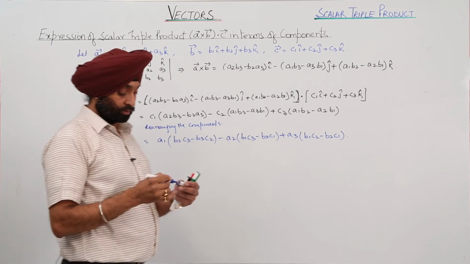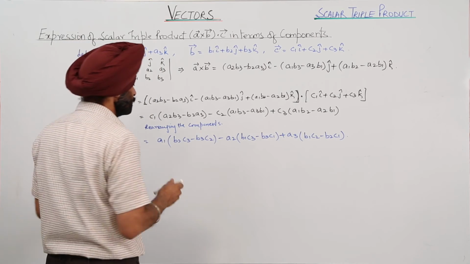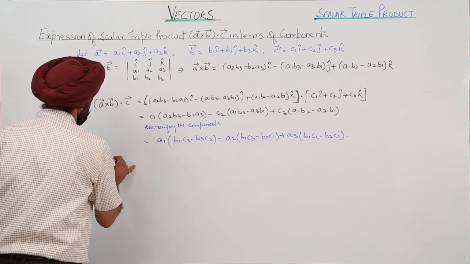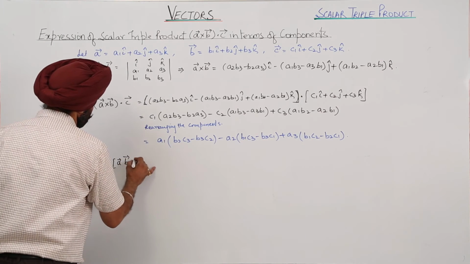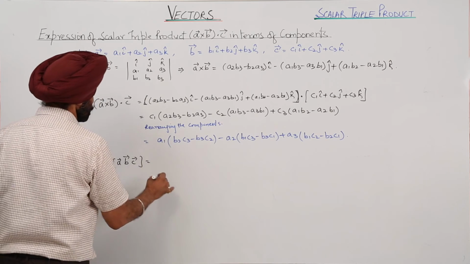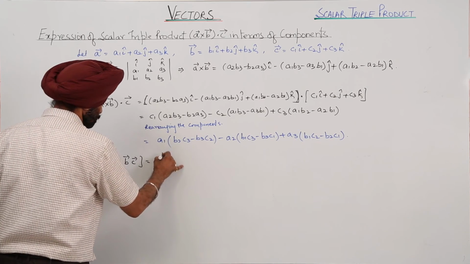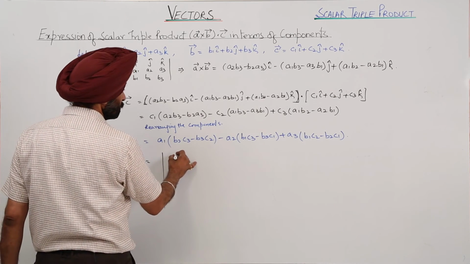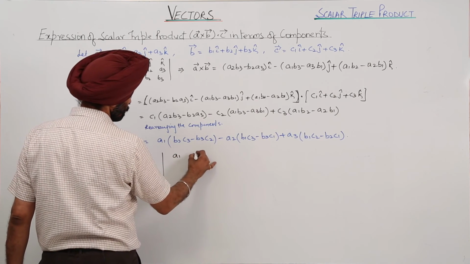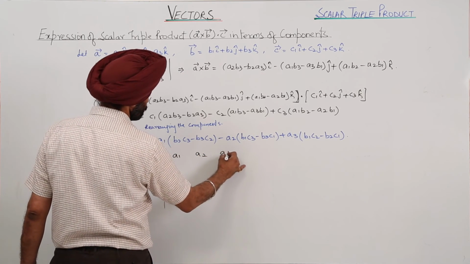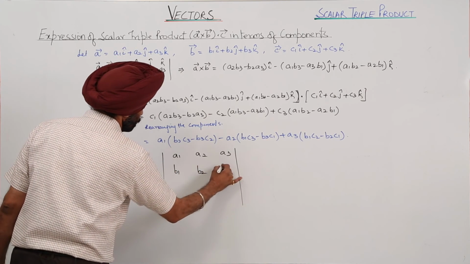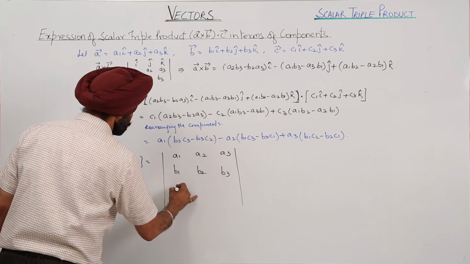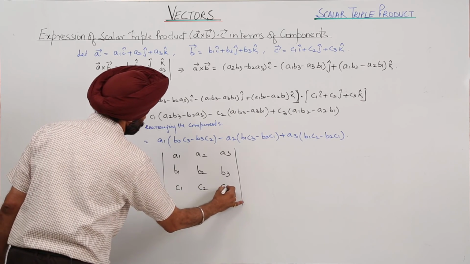And now what is this? This is the scalar triple product, A dot B cross C, which is equal to the determinant of A1, A2, A3, B1, B2, B3, C1, C2, C3.